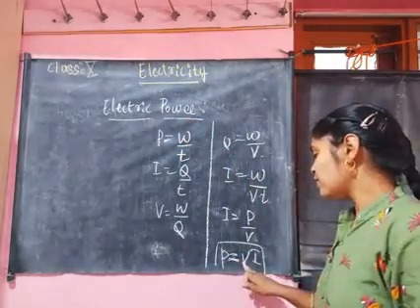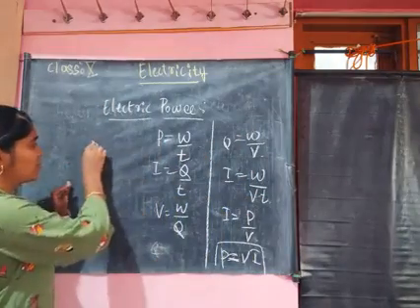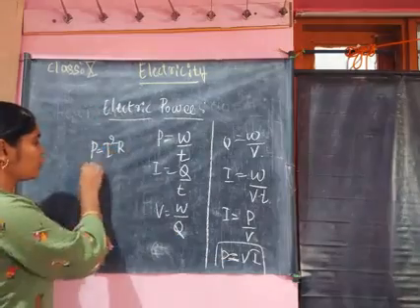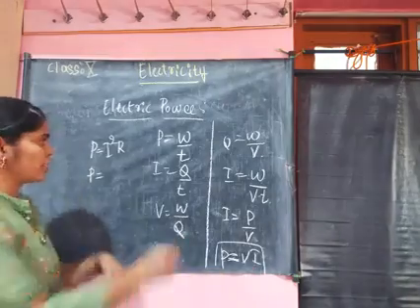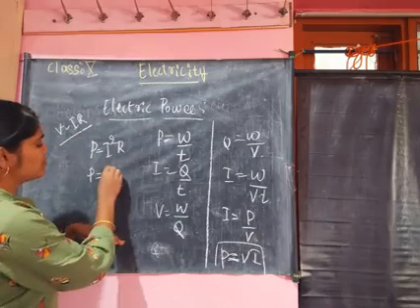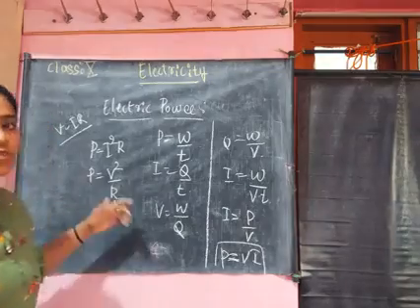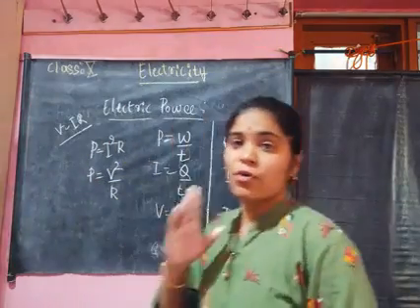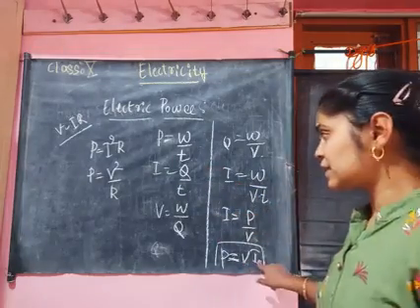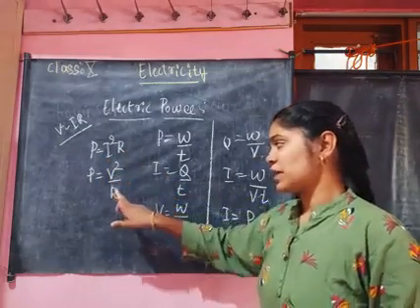We can also use Ohm's law, V equals IR. We can write P equals V into I, which is I square into R. Or, since V equals IR, I becomes V by R, so P equals V square divided by R. So this is electrical power in terms of potential difference and electric current, electric current and resistance, and potential difference and resistance.